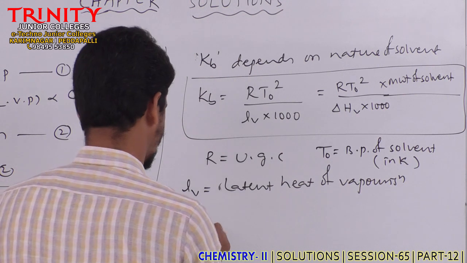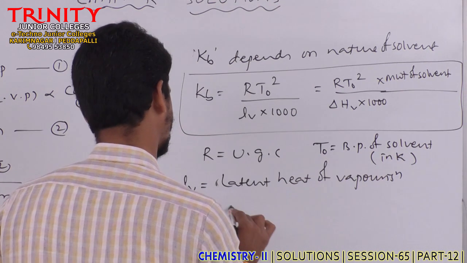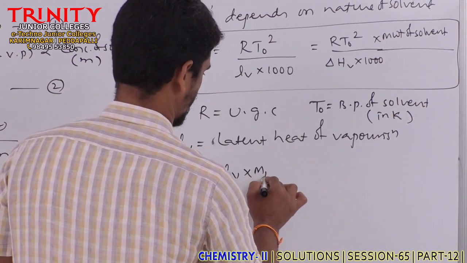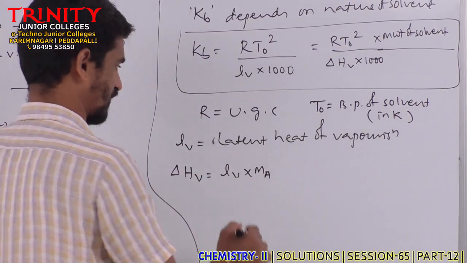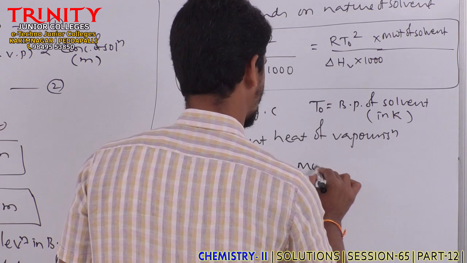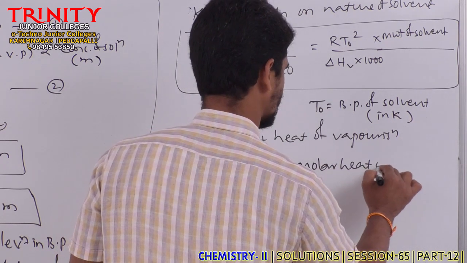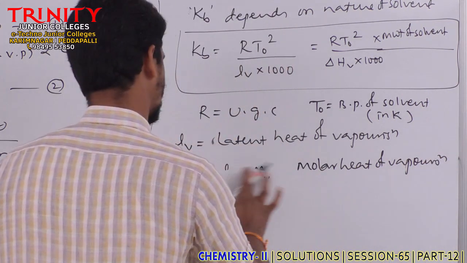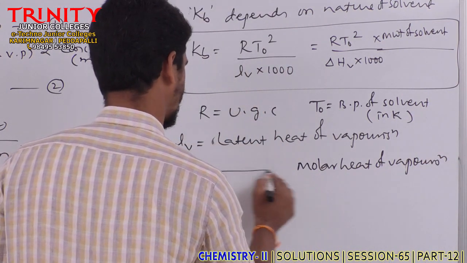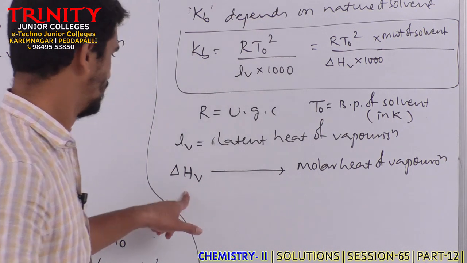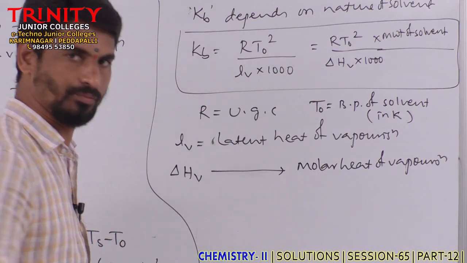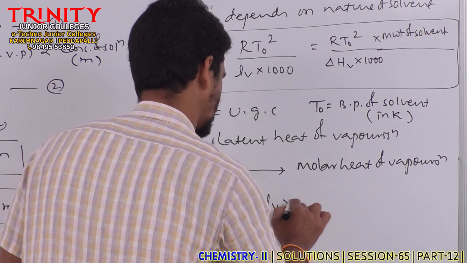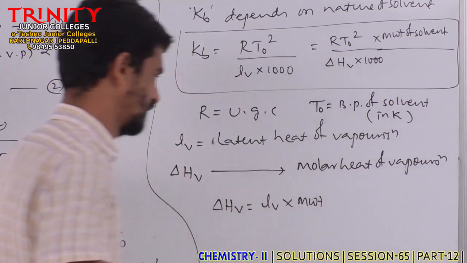Next, delta HV equals LV into molecular weight of solvent. What is this? This is the molar heat of vaporization. So delta HV denotes the molar heat of vaporization, and delta HV equals LV into molecular weight.